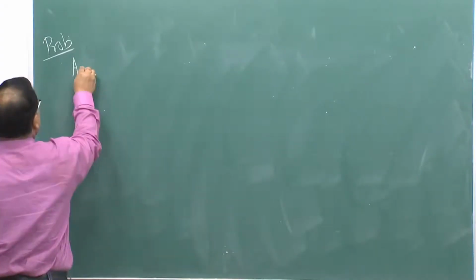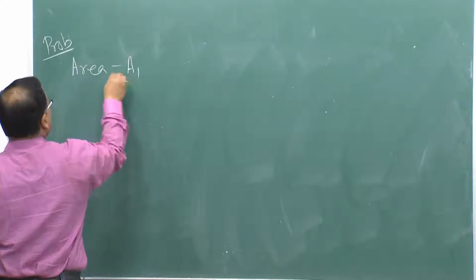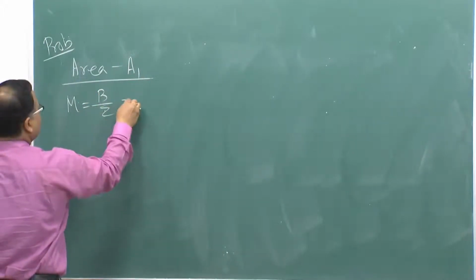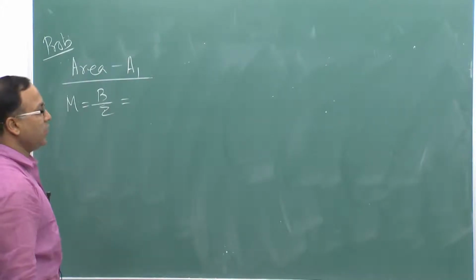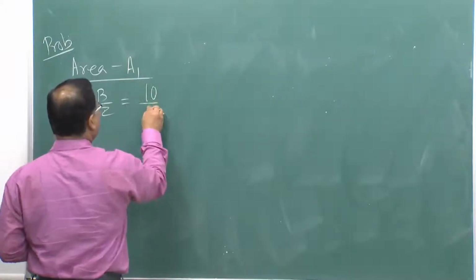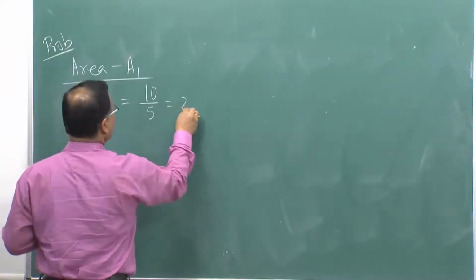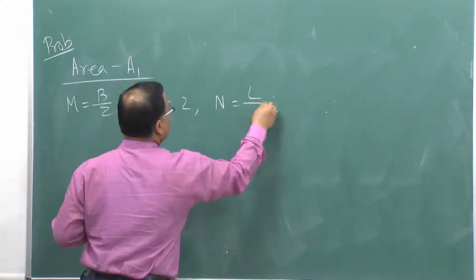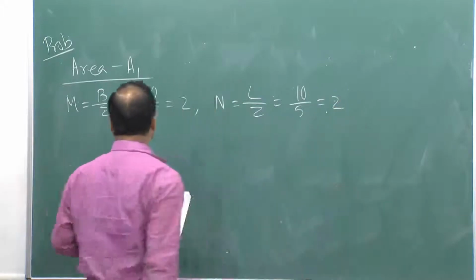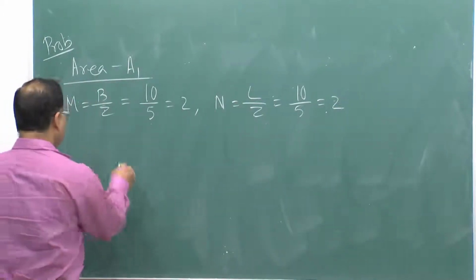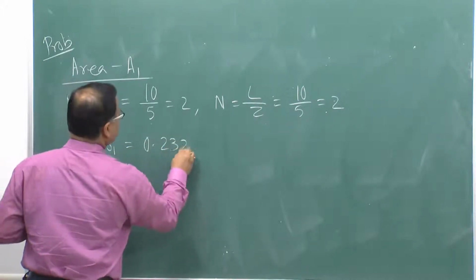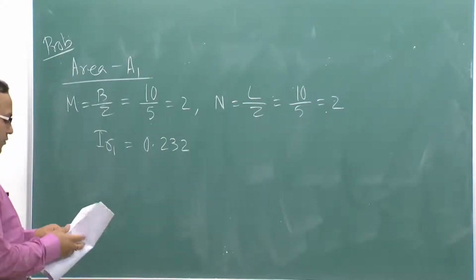So, for area A1, your M is B by Z. Area A1 is nothing but the square area, so it does not matter, 10 by 5 is equal to 2, N is L by Z is equal to 10 by 5 is equal to 2. So, for M equal to 2 and N equal to 2, your I sigma 1 is equal to 0.232, that you will get from the table.